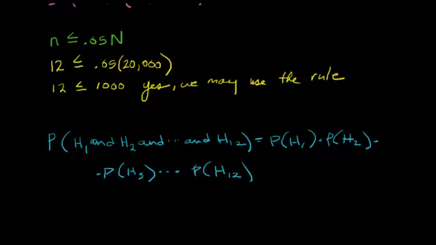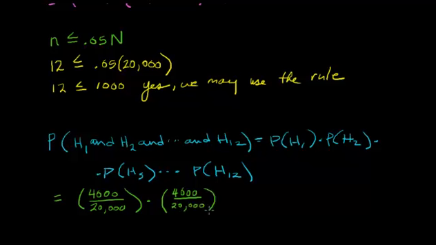No conditional probabilities. Okay? So the probability that the first person chosen is Hispanic was 4,000 Hispanic in the group out of 20,000 people. And if we're not worried about conditional probability, then that's true for the next one. Remember, we're treating it as though we are replacing. So there's no condition. And all the way down, we'll have 12 of these, right?